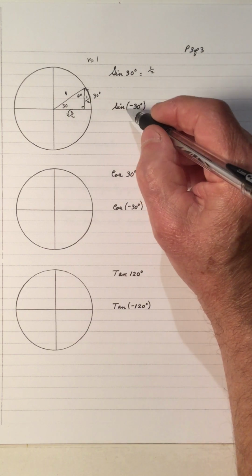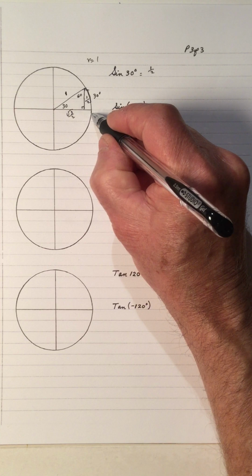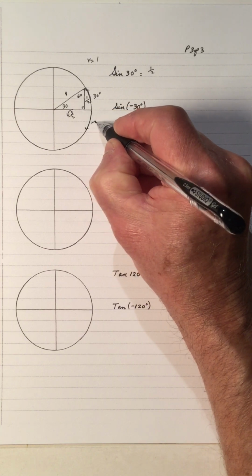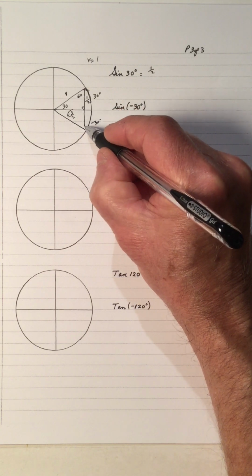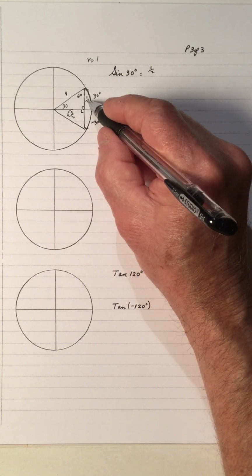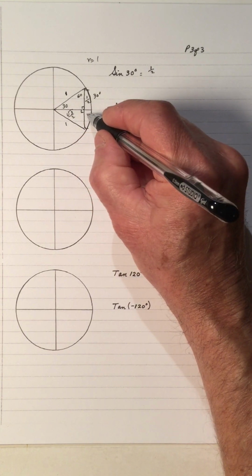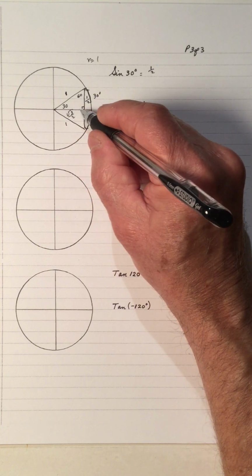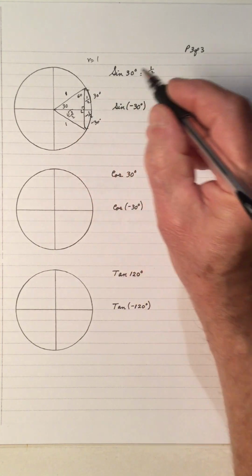Now what about negative 30? Negative 30 swings down here. We draw a terminal arm and drop a perpendicular to the x-axis. This is a unit circle, so the hypotenuse is 1. The x is root 3 over 2 in both triangles, but the y is going down, so it's negative.